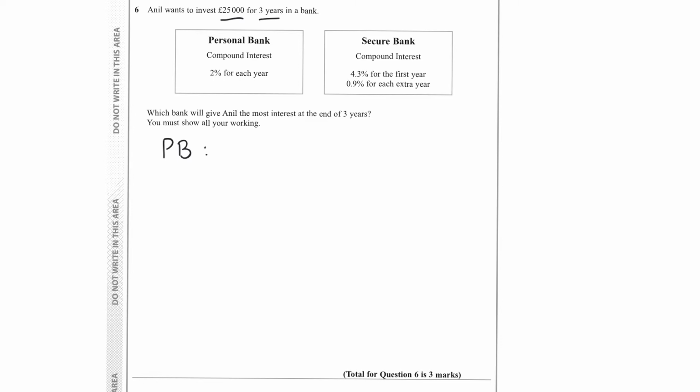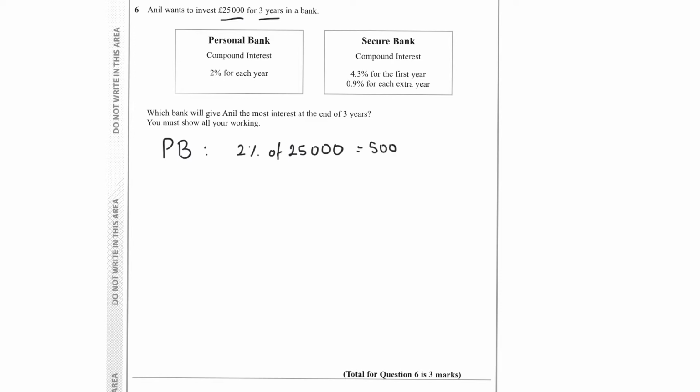For compound interest, one way of doing it is to work out what 2% of 25,000 is. Remember, to work out a percent of something, you do 25,000 divided by 100 times 2, which would be 500.